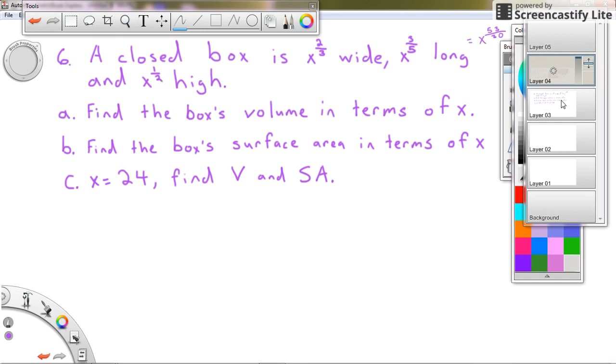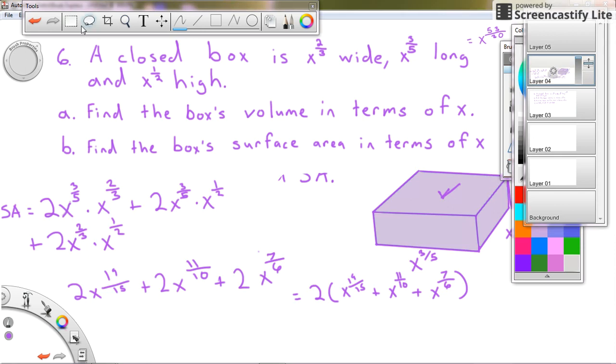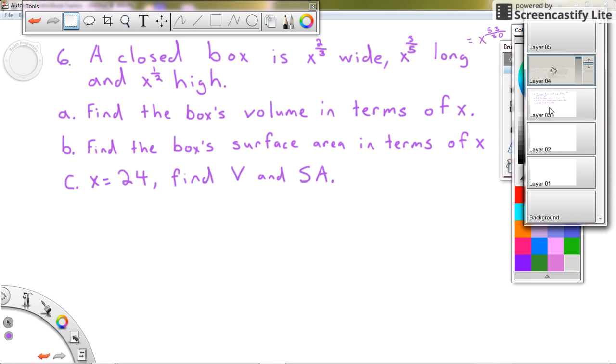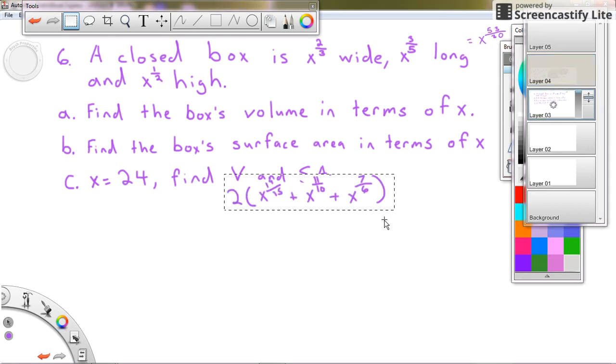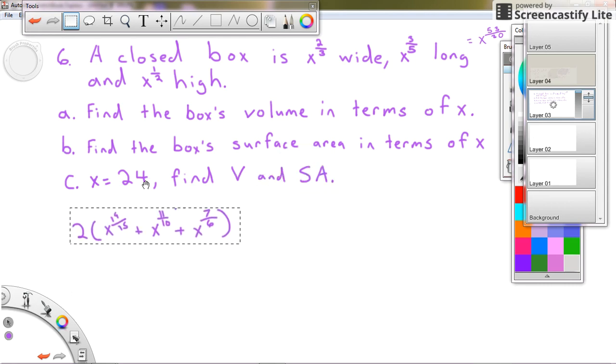Okay, finally, the last one. If x equals 20, you know what I need to do? I need to take this and bring this out. Okay. So now, all this right here, what is this equal to?